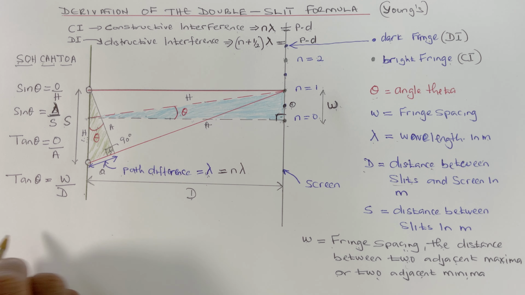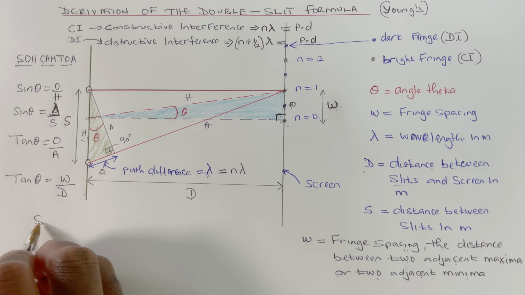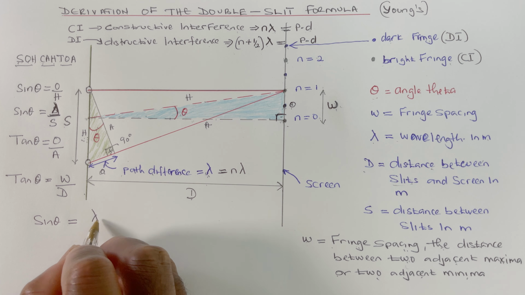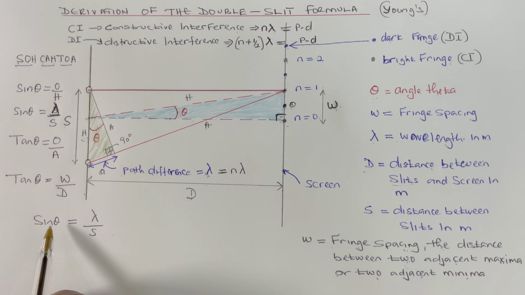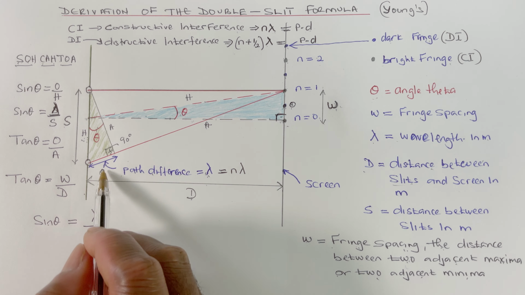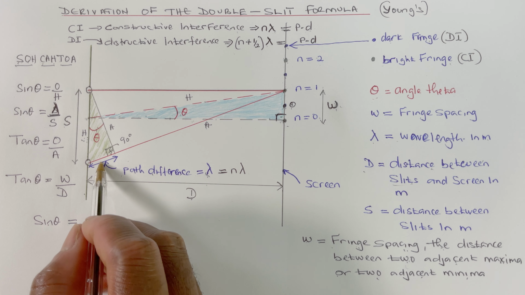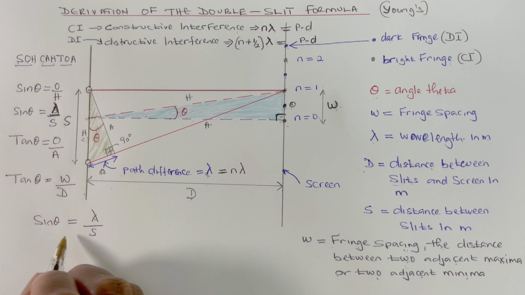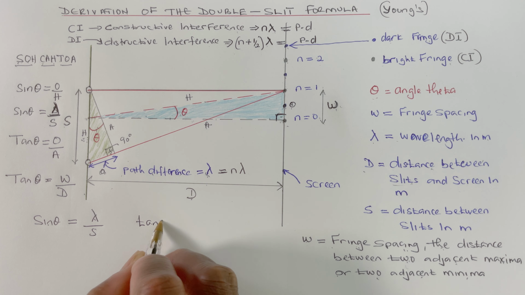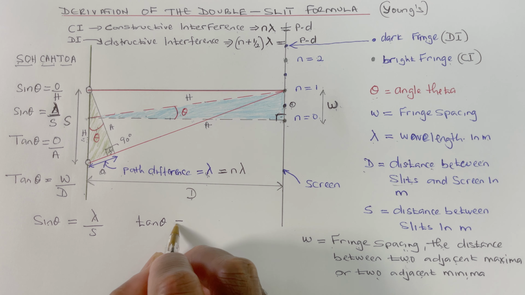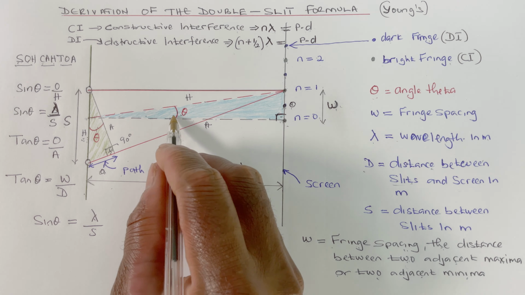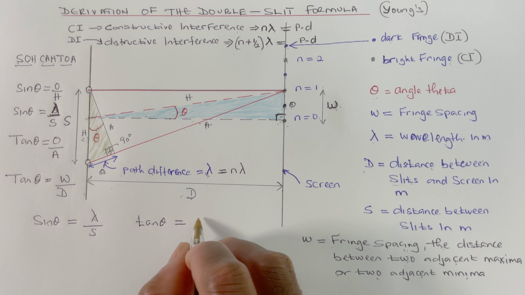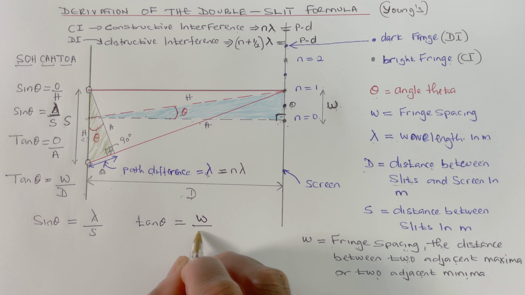Now, for sine theta, as we said, it's lambda over S, where the opposite is lambda and the hypotenuse is S. And tan theta is opposite over adjacent, and this length here is the adjacent, D, so that will be W over D.